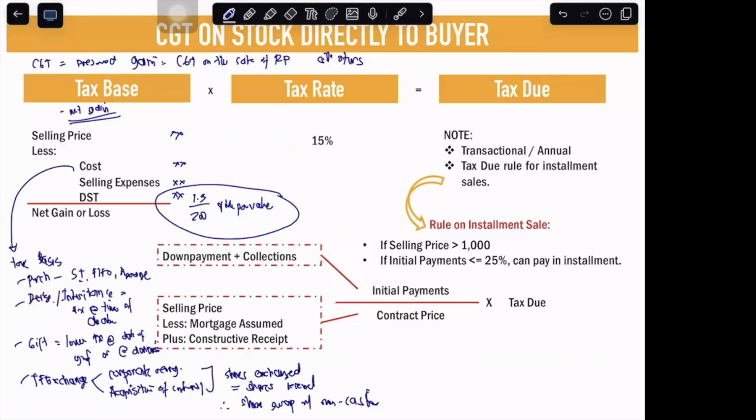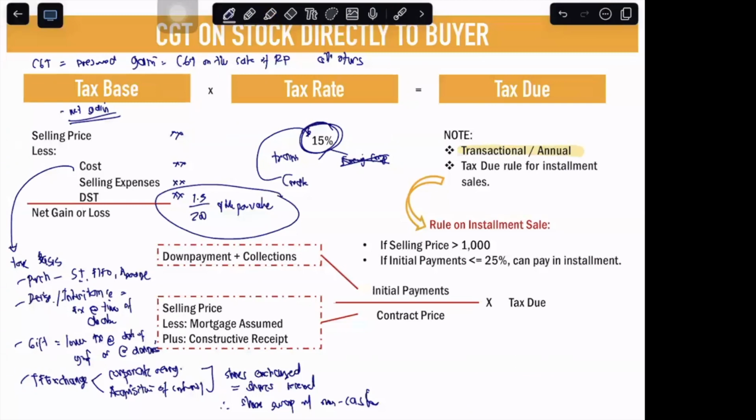Now, our tax rate here is 15%. Before, during the TRAIN law, we still determined whether it is a foreign corporation or not. But now, with the advent of the CREATE law, the foreign corporation distinction was removed, and it is purely 15%. Now, what is the tax due? The tax due is either transactional or annual.